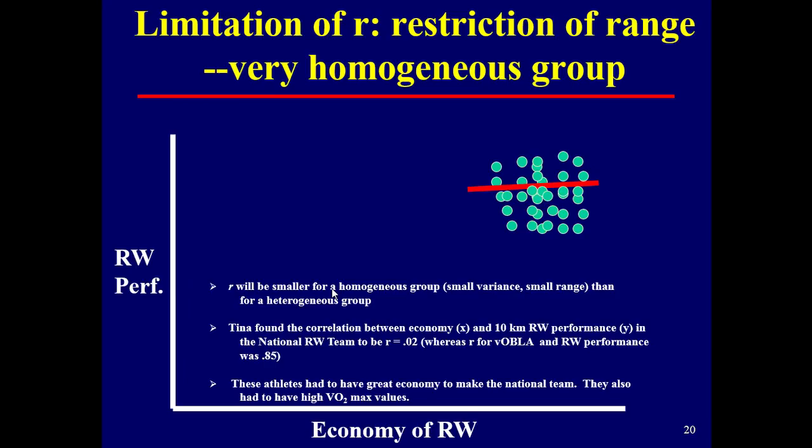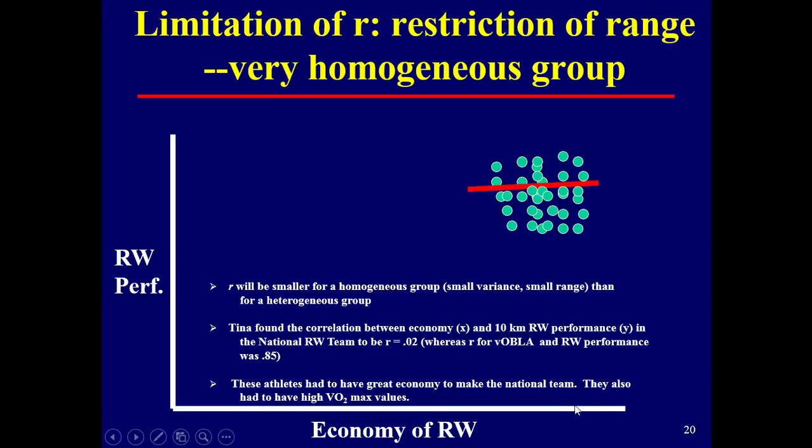On this particular slide, you see a scatter plot which illustrates some of the data from my dissertation. I was very much interested in economy, which is another word for efficiency, in race walking in some of our national team athletes and some of our Olympic athletes. I wanted to see whether how efficient they were was related to their race walking performance. I measured the national team and the Olympic team, and looked at how economical these race walkers were.